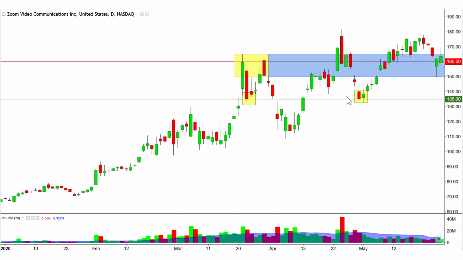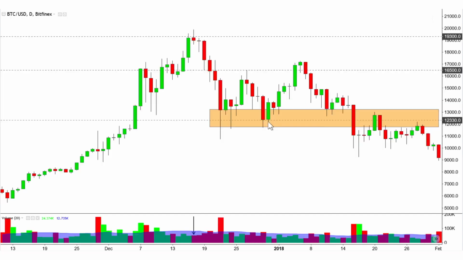But if this does not happen, and the market begins closing at or under resistance or at or above support, a reversal is more likely. This was very clear with the Bitcoin case.